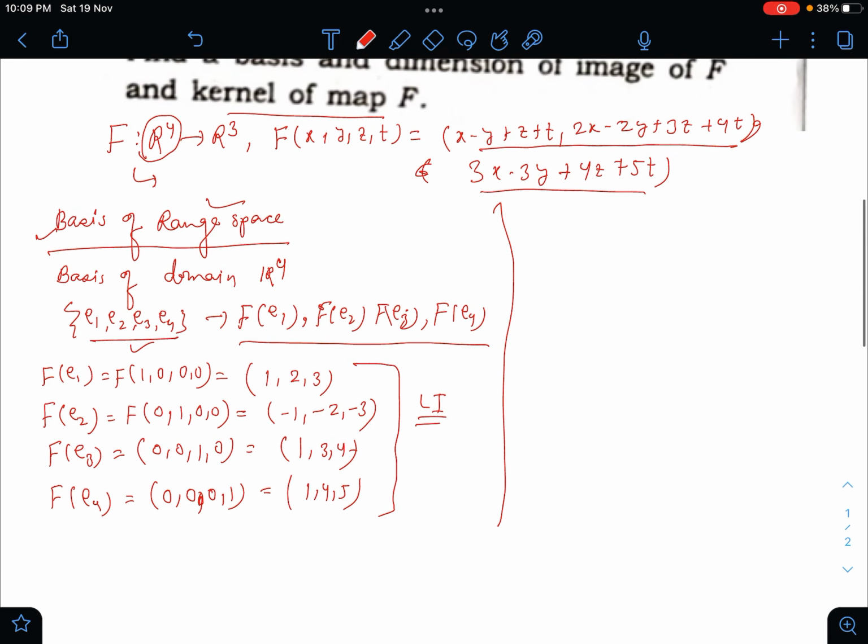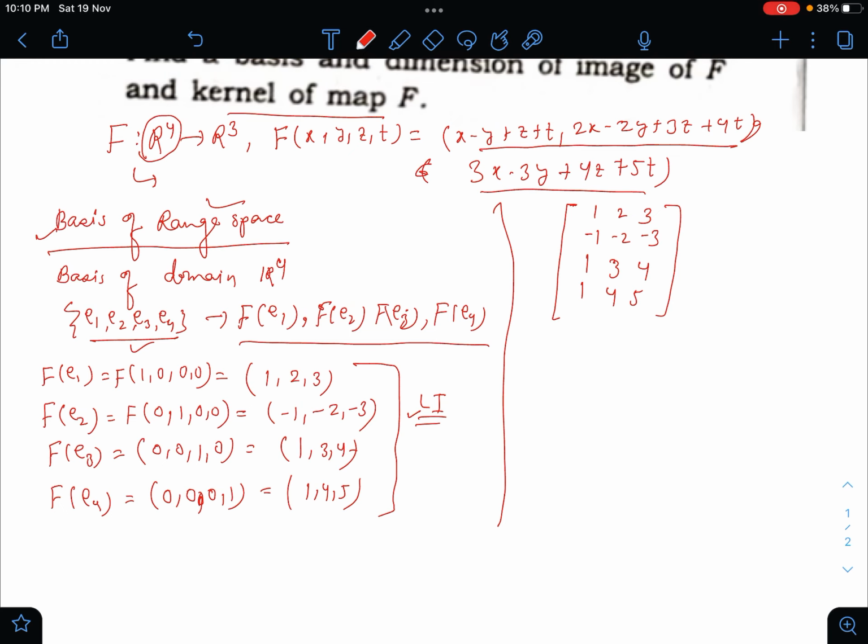So how to find linearly independent ones of these four vectors? We apply row reduced echelon form. We will convert these four vectors into row reduced echelon form. Let us form the matrix containing these four vectors. So that is (1, 2, 3), (−1, −2, −3), (1, 3, 4), (1, 4, 5).